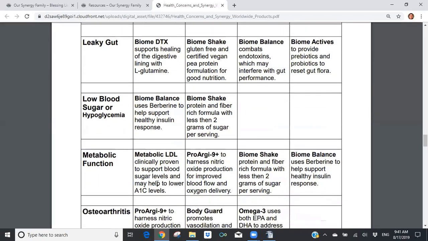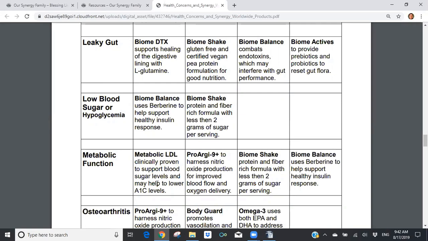Metabolic function, diabetes, cardiovascular disease, all of these are all related. And again, I come back to metabolic LDL as the product that you would want to use with regards to that. Pro-Arginine Plus, Biome Shake, Biome Balance.